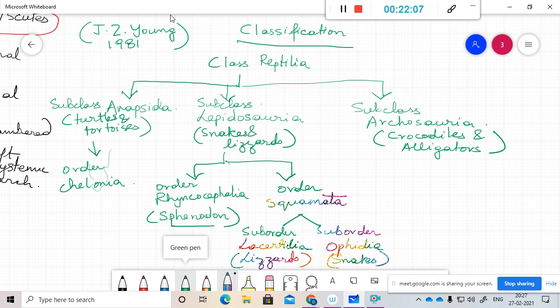Among the Arcosarians, only one order is living, and that is the order Crocodilia, the crocodiles and the alligators. So this is the outline classification of reptiles.